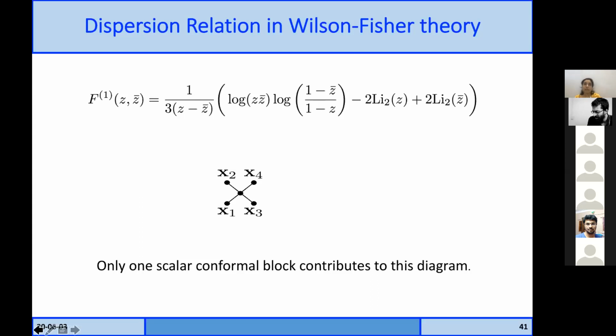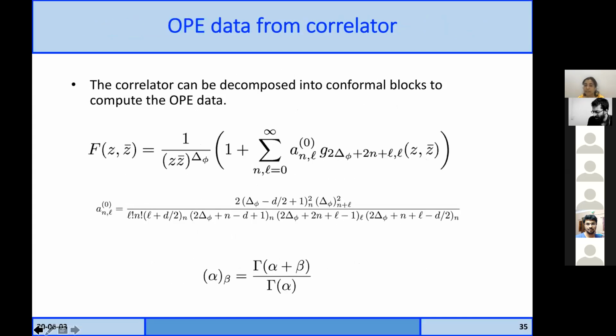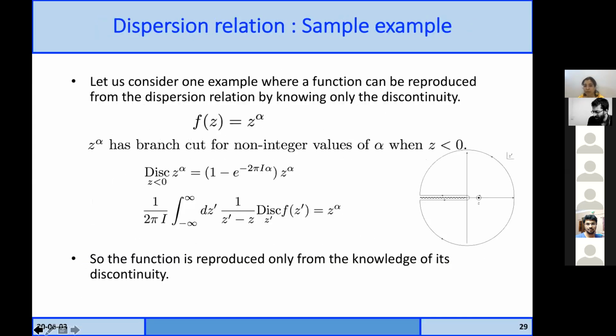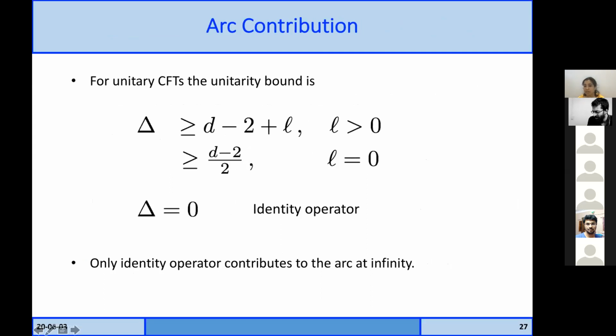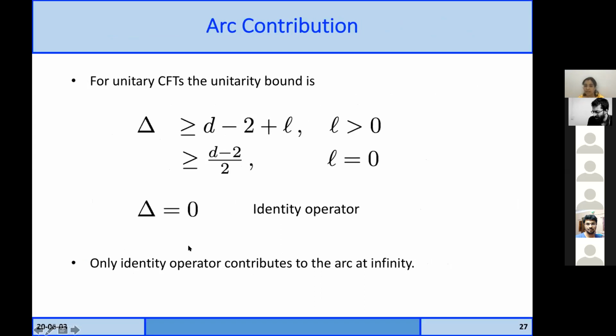The unitarity bound is important in the sense that here we are evaluating the contribution from the arc using this unitarity bound. This shows that only one operator contributes to the arc at infinity.